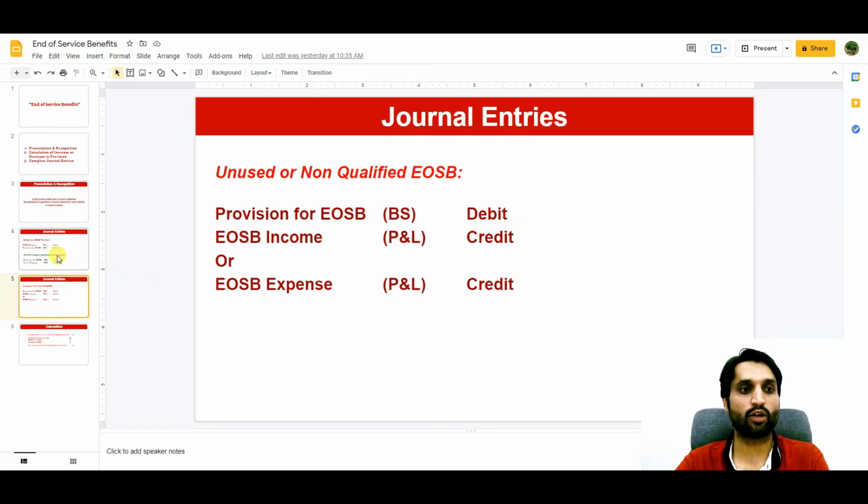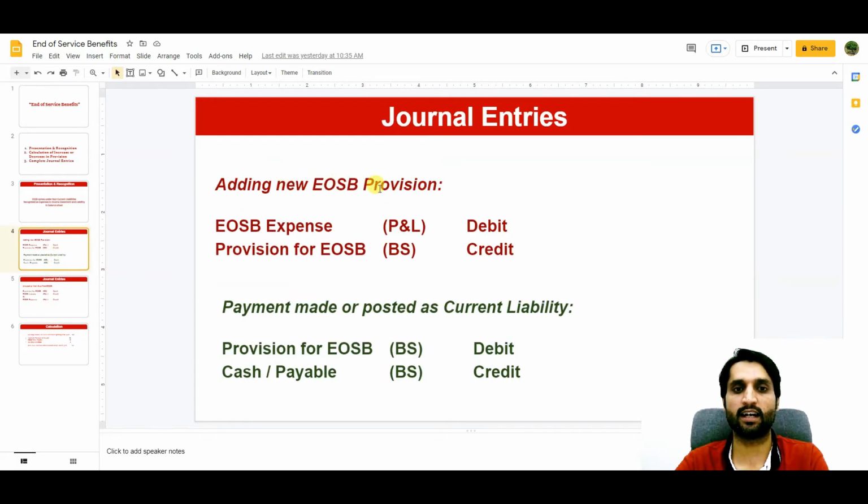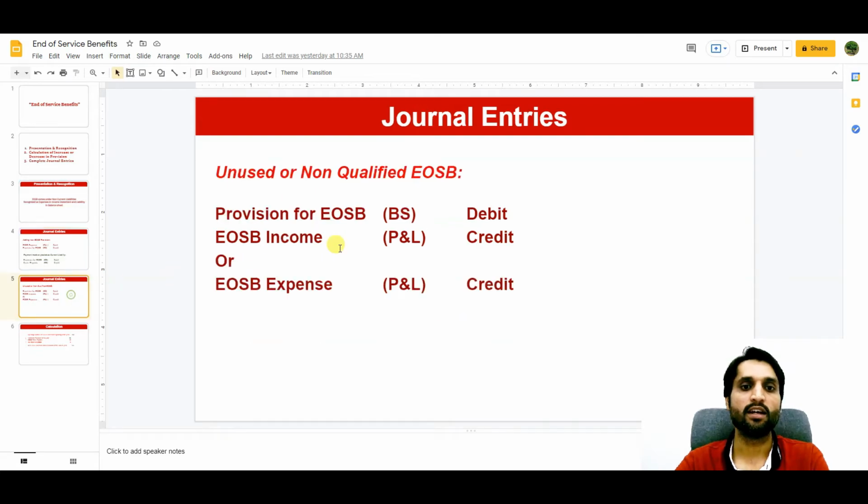As you know, when we add an employee we pass the entry: end of service benefit expense debit and provision for end of service benefit credit. Now when we are taking out this money, either we can show it as income in our profit and loss account, or we can reverse it and credit our end of service benefit expense in profit and loss account. So both treatments are right.